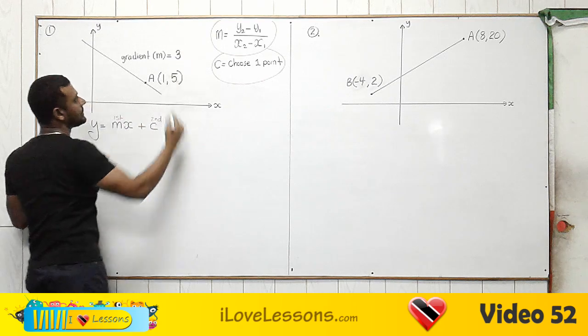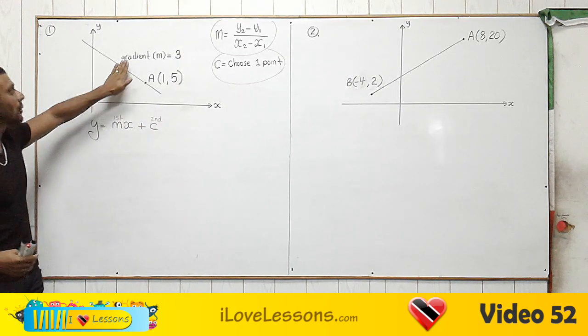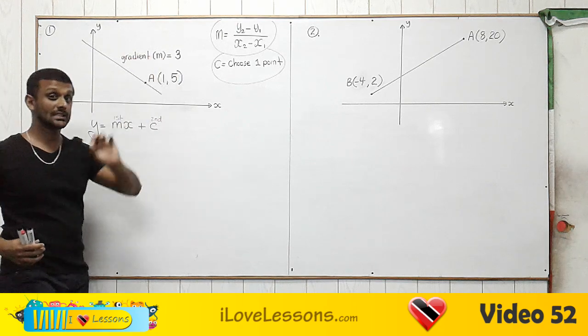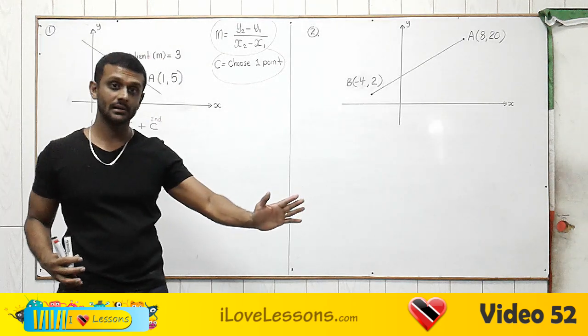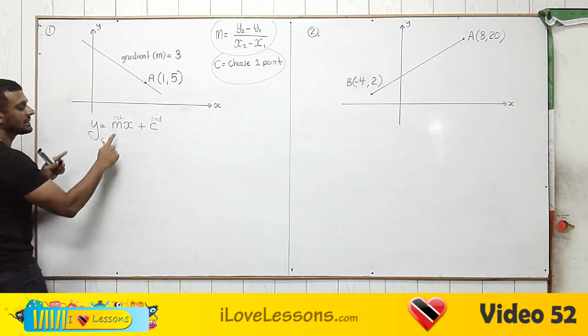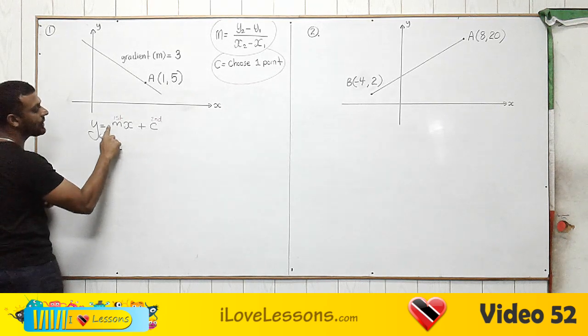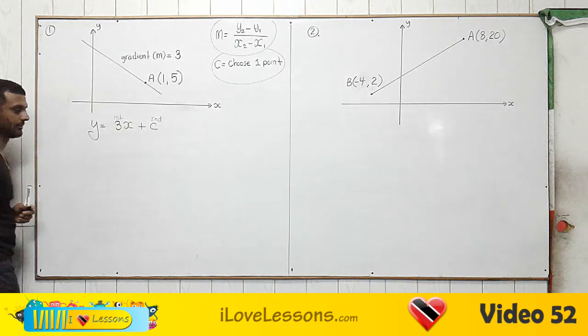So, for example, when you read the question, the examiner might say, the gradient of this line is 3. It's already given in the question, which means you do not have to do any work to find m. All you have to do is simply erase m and replace it with 3.